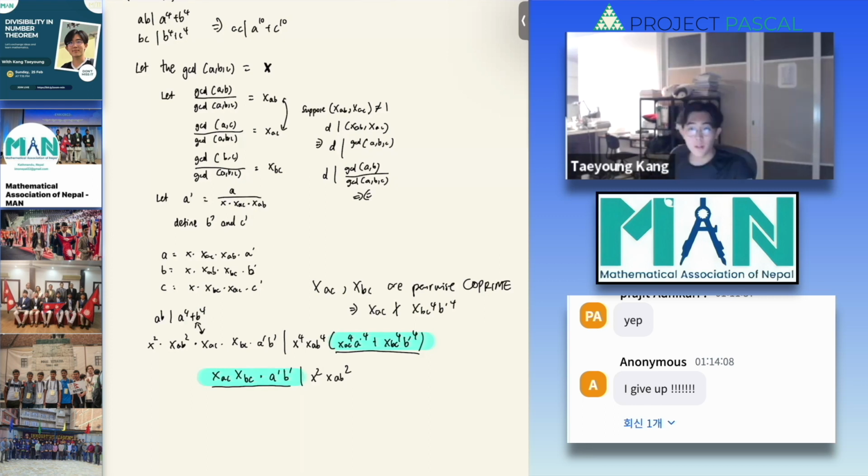So the left hand side cannot divide the right blue stuff. And similarly, as you define, A prime and B prime are pairwise coprime.